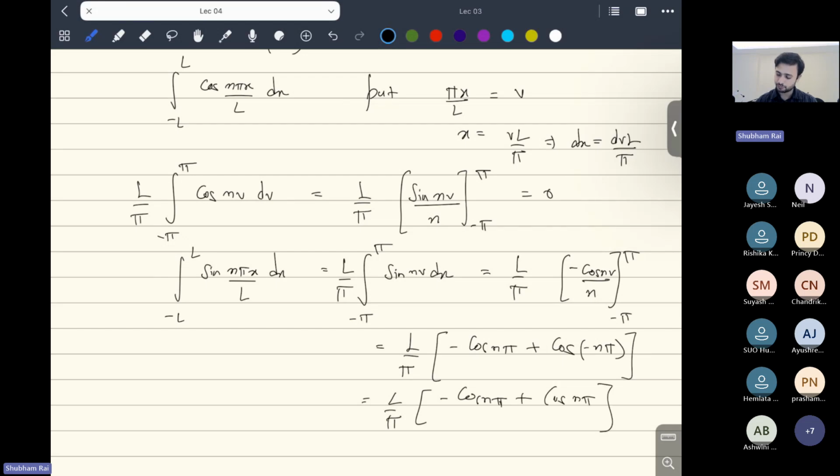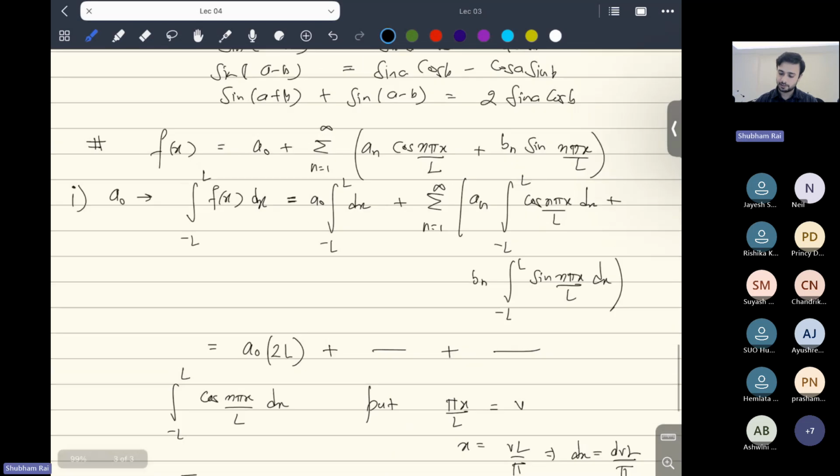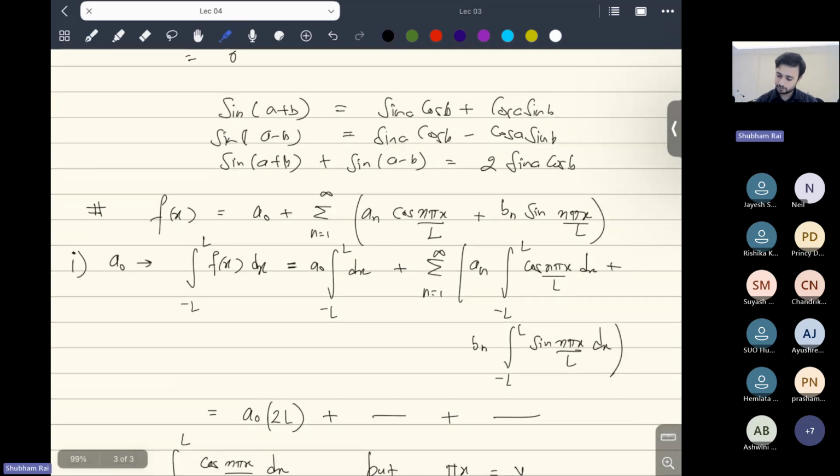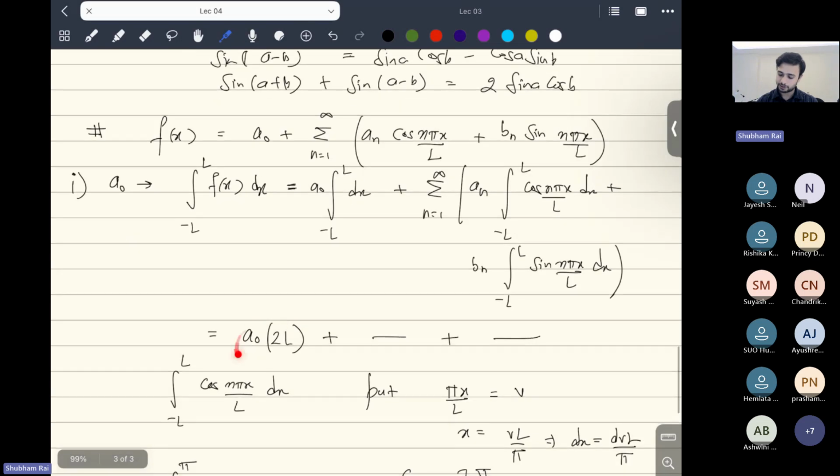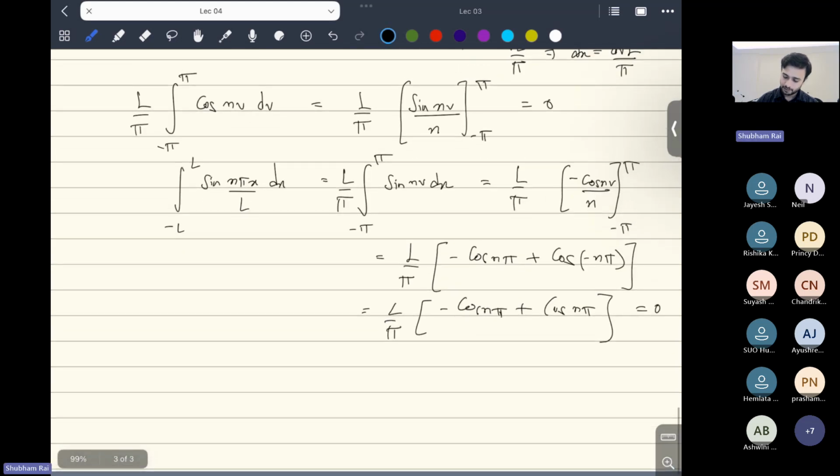So again it will go to 0. So finally this term will also go to 0 and this term will also go to 0, irrespective of the value of n. So you will be left with only this term. Finally, what you have got is the integral from minus L to L of f of x dx is equal to a0 into 2L. So a0 will be 1 by 2L times the integral from minus L to L of f of x dx. And indeed that was the expression of a0, right?